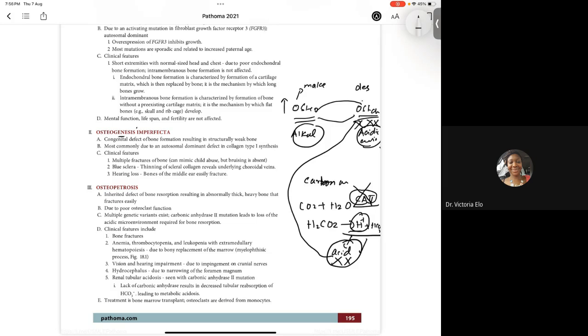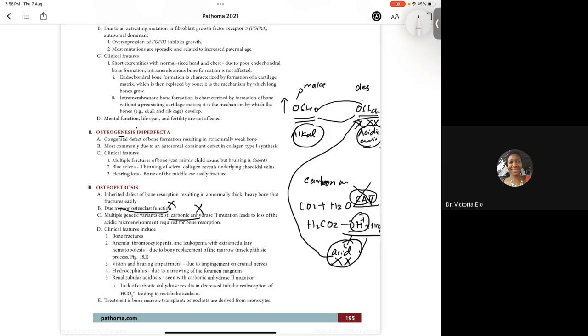So in osteopetrosis, we have multiple genetic variants which lead to dysfunctional carbonic anhydrase 2. Without carbonic anhydrase 2, we cannot make an acidic environment. Osteoclasts cannot function properly. If osteoclasts cannot function properly, osteoblasts are going to function more.